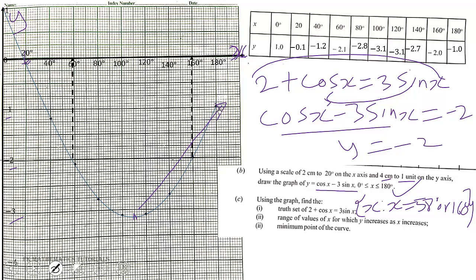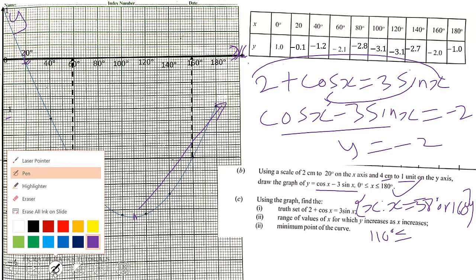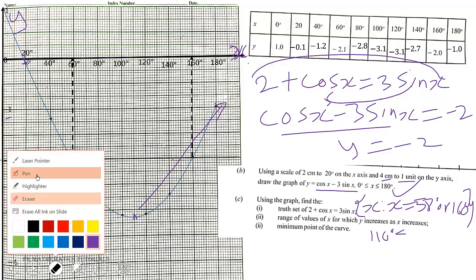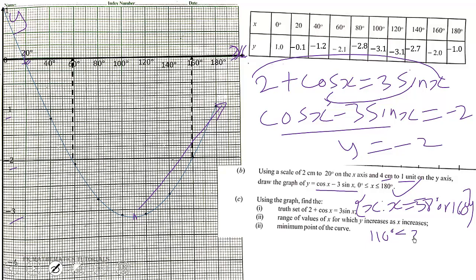So we have x between 110 degrees, the point at 110 is less, so this will not be included. So 110 degrees is less than x is less than or equal to 180 degrees.